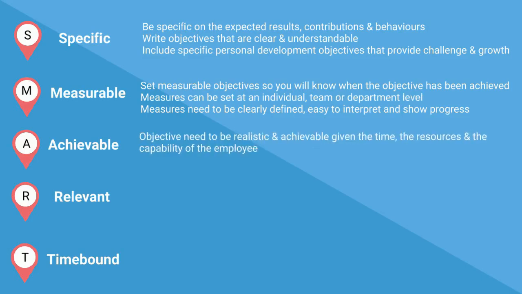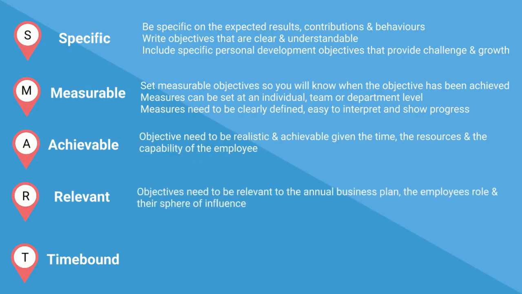Objectives need to be realistic and achievable given the time, the resources, and the capability of the employee. Objectives need to be relevant to the annual business plan, the employee's role, and their sphere of influence. Clarify timelines, making sure the timeline is realistic and the duration is specified.